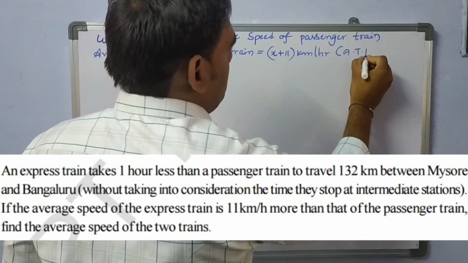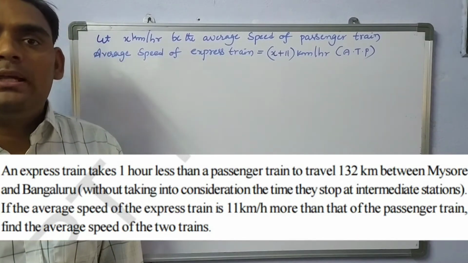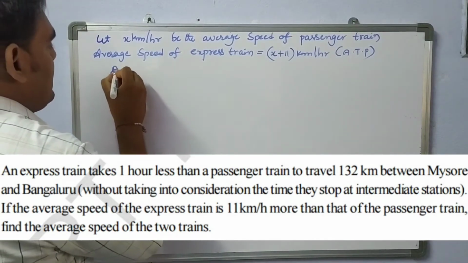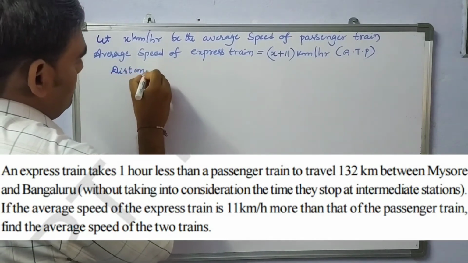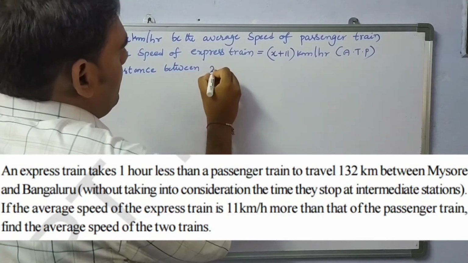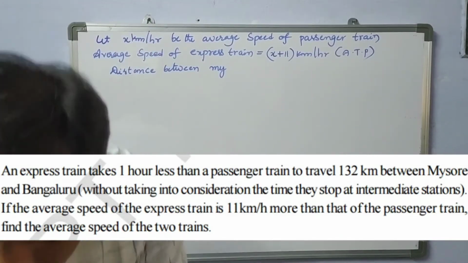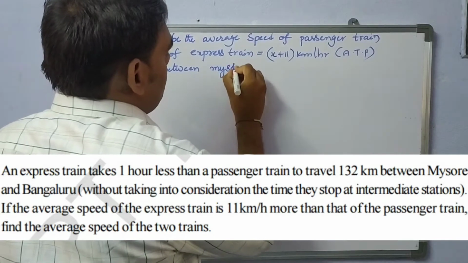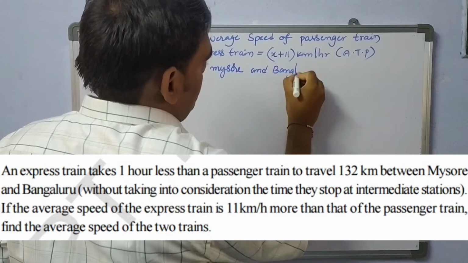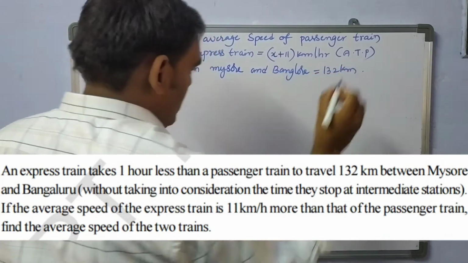How could I write this one? According to the problem, the distance between Mysore and Bangalore is 132 kilometers.